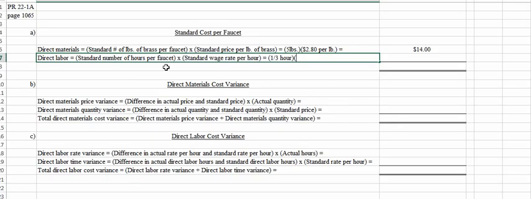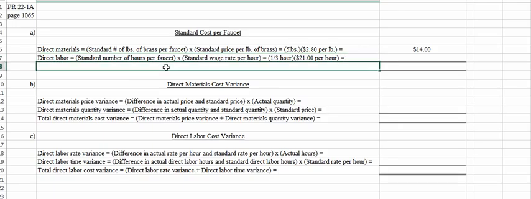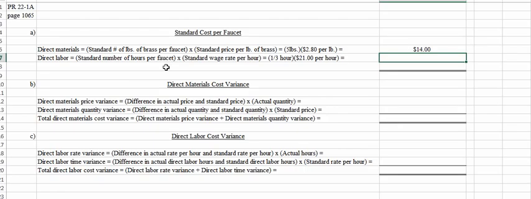And you guys hope that makes sense. Of course, 20 minutes is 1/3 of an hour times $21 per hour. I hope that makes sense. We're essentially making 3 faucets per hour. So of course our labor cost, if it's $21 per hour, would be $7 per faucet. Or we could say the 1 divided by 3 times our $21. And that's 7.